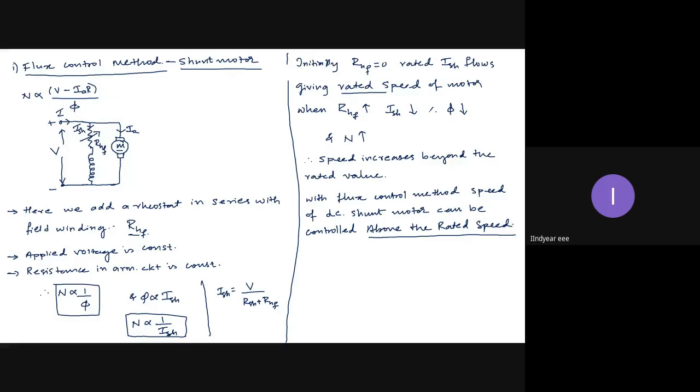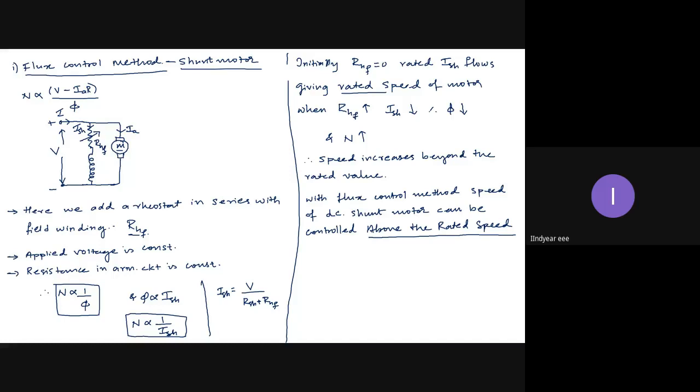Now, how will the variation be? I have seen I can control above the rated speed, but will it vary very largely, or will it vary almost constant? And up to what value can I control? I can't always go on increasing the value of field resistance so that flux decreases and speed increases.